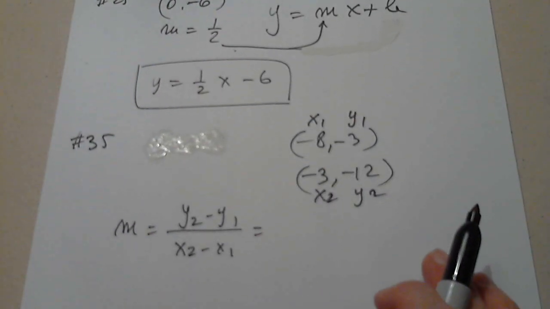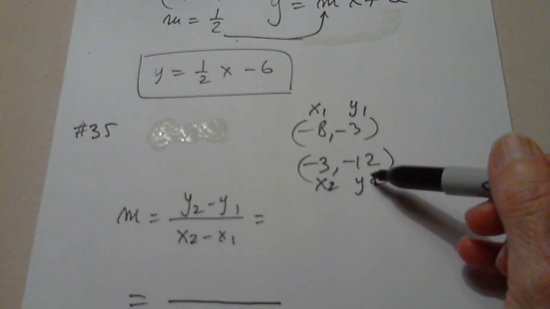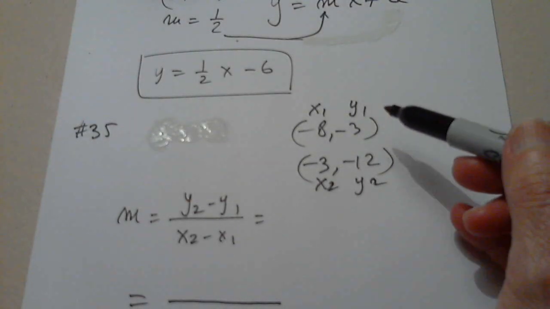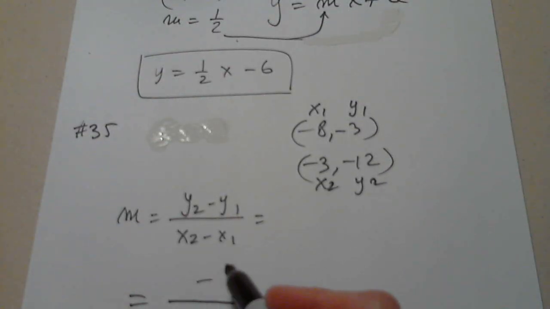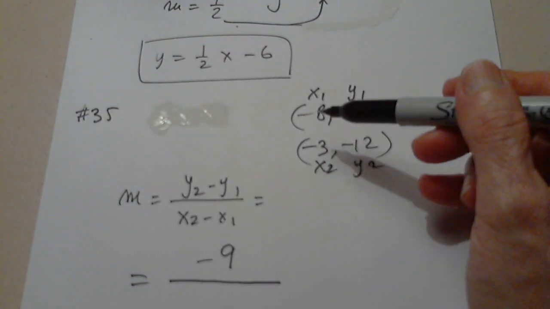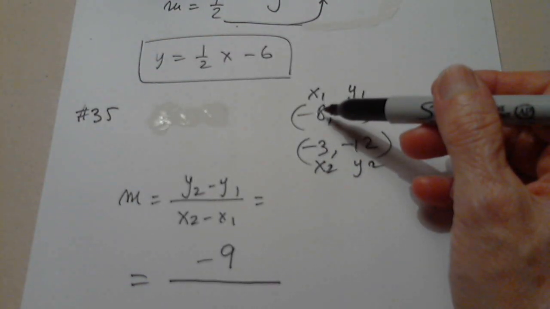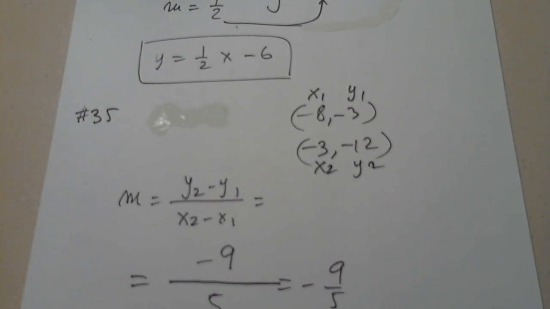Label them so you don't make a mistake. And carefully enter them. -12 minus -3 is -12 plus 3, which is -9. -3 plus 8 is 5. So the slope is -9/5.